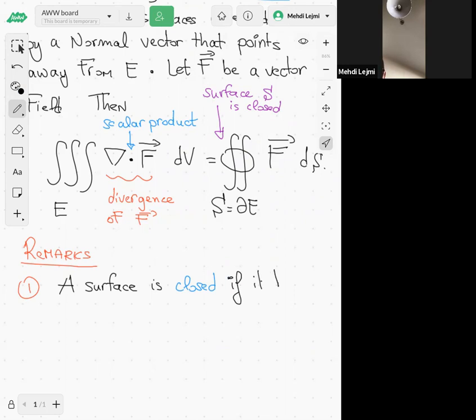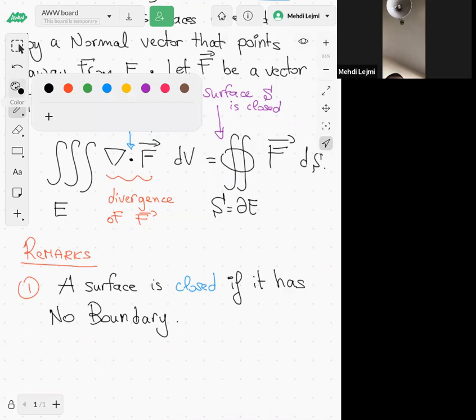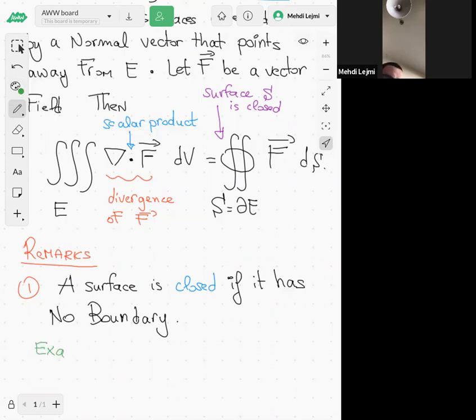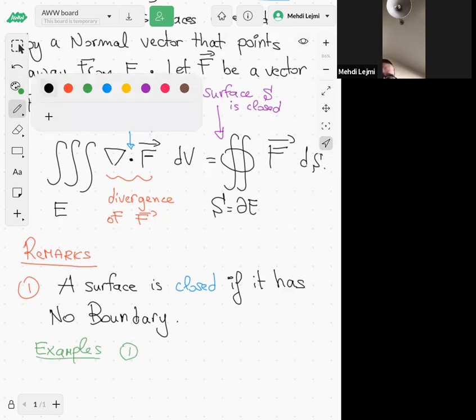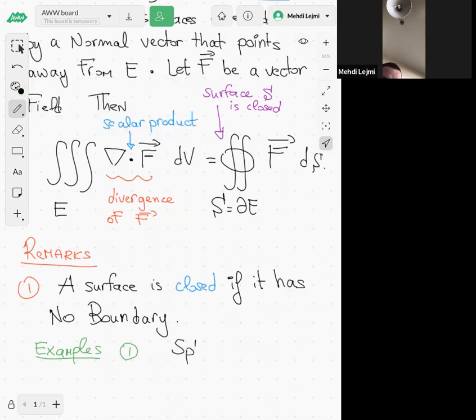So what would be an example of a closed surface? You can take, for example, a sphere. The first example would be the sphere. The sphere is closed, it has no boundary.